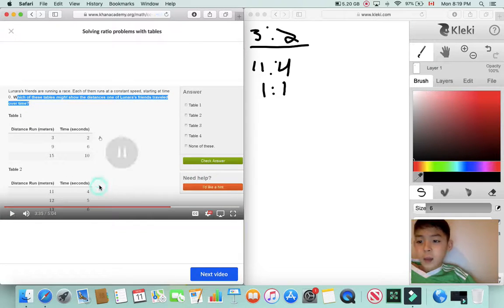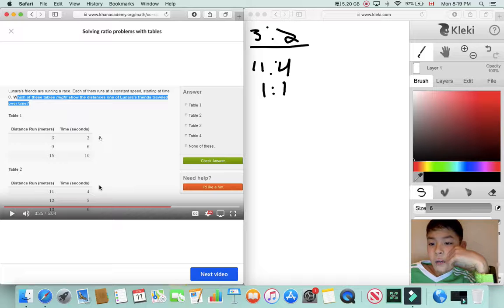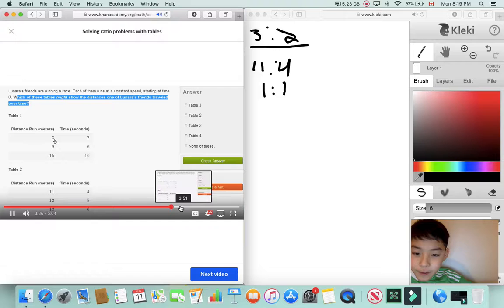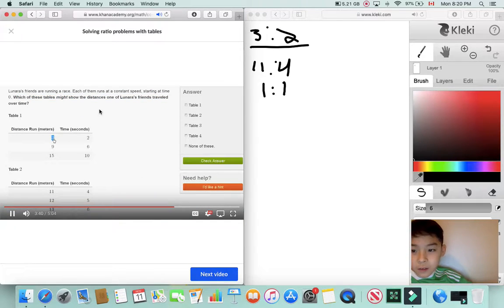So table 1. Okay, which of these tables might show the distance? Might show the distance. So distance run starting. They're running at a constant speed.